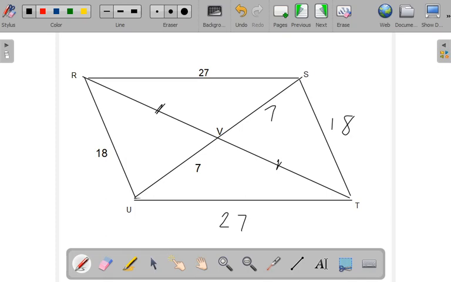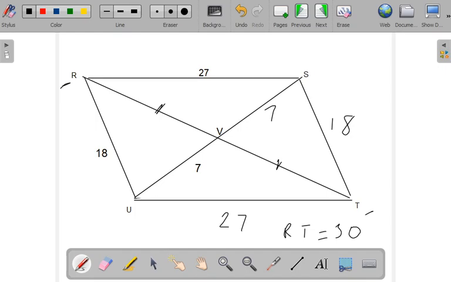So let's say it tells you that the whole thing, R to T, equals 30. If we know that diagonal from this point to this point is 30, we can find RV by dividing it by 2.